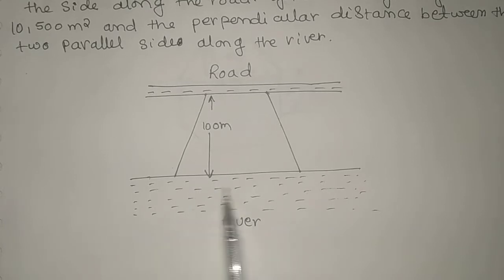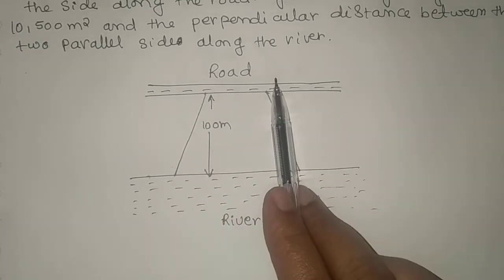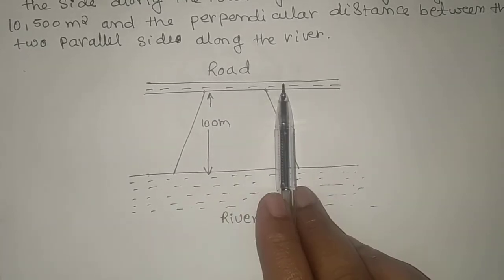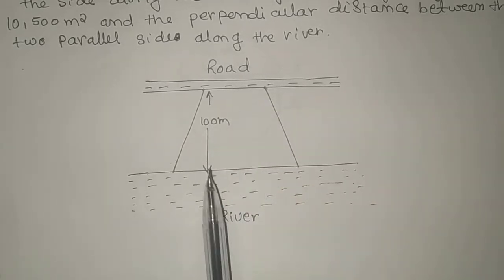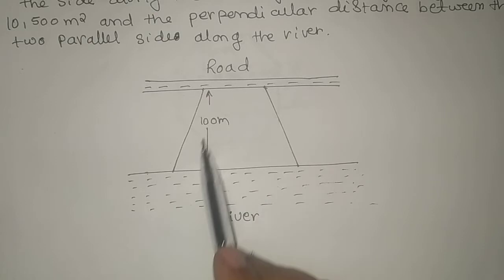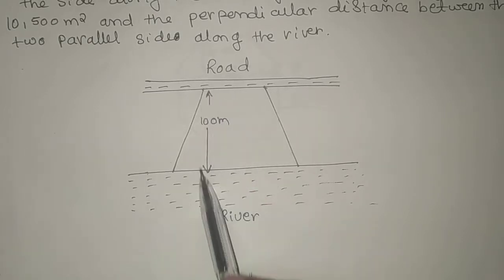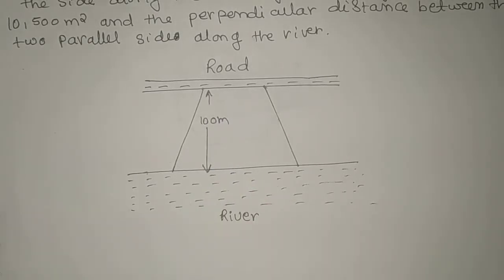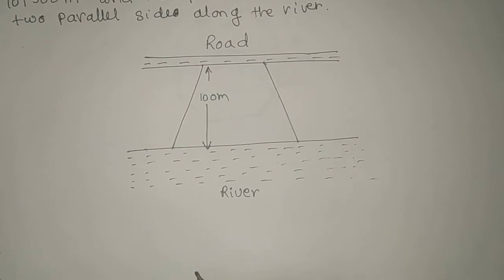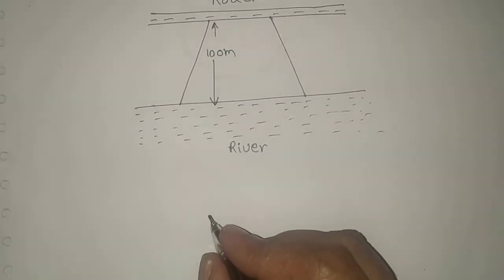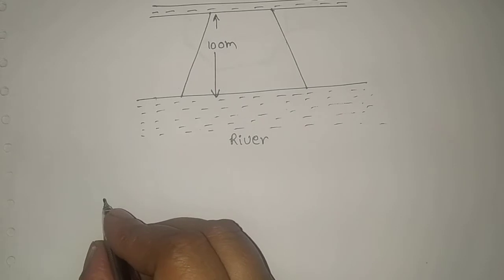One side of the field is having the river, another side is having the road. So this side is twice this side. Here the length between these two, road and the river, is 100 meters. The area of the field is given, that is 10,500 square meters.